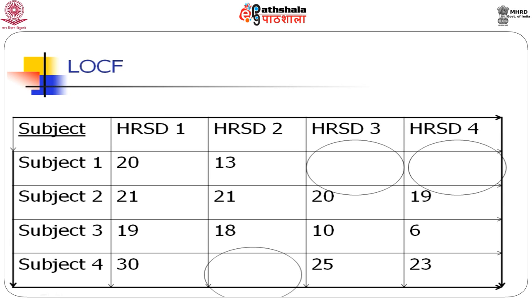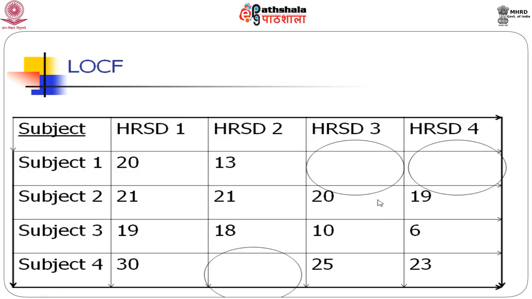Okay. LOCF, last observation carried forward, means that in the third time point for subject 1 the observation is missing, and the fourth time point observation is missing. So these observations are missing, which means you can think of subject 1 as dropping out, maybe because of his or her health condition, or got disgusted with the medication, the side effects, or other issues, family problems.